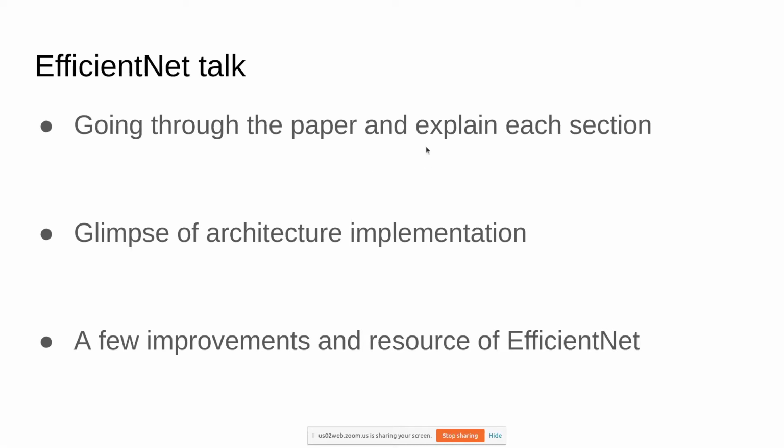And when I explain architecture details in the paper, I thought of going a bit into the architecture implementation, how that looks like, so that gives a good understanding of the efficient architecture that we have.